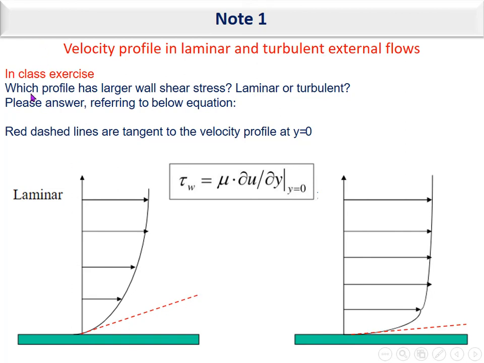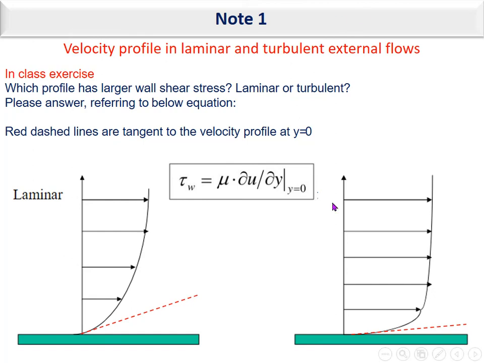Okay, can you answer this question? Which profile has larger wall shear stress? You can see that, considering mu as constant, the only parameter which may help you to answer this question is to determine if round u over round y at y equals 0 is larger or smaller. What do you think? Is it larger in the right picture or in the left picture? Which one is larger?